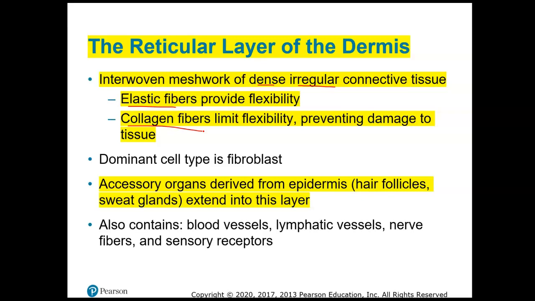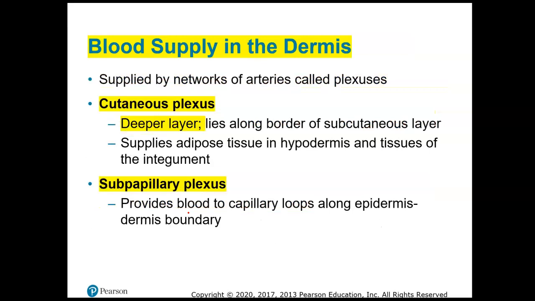And then in the reticular layer of the dermis, you also find accessory organs that were derived from the epidermis, which would be hair follicles and sweat glands. These extend into the reticular layer of the dermis.